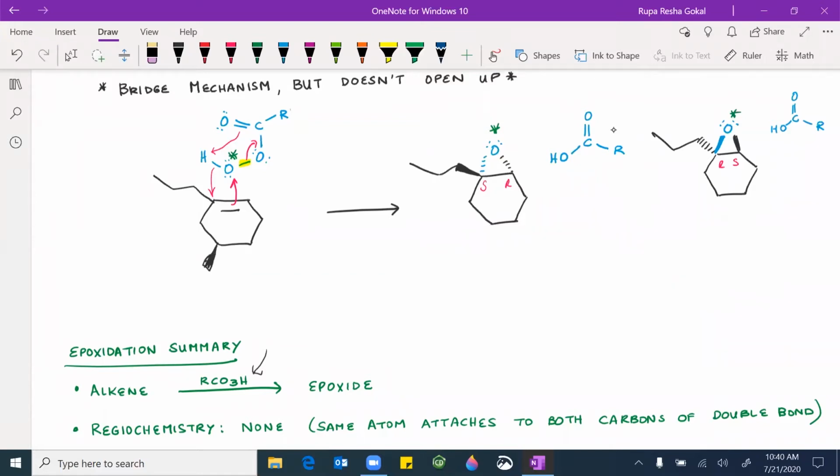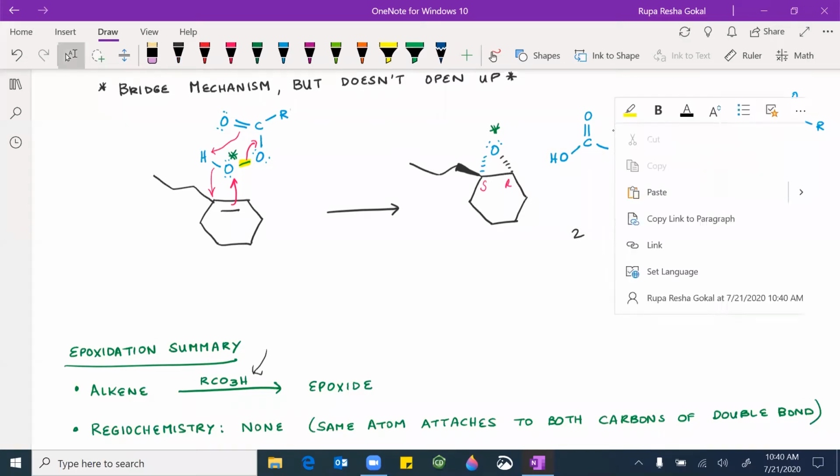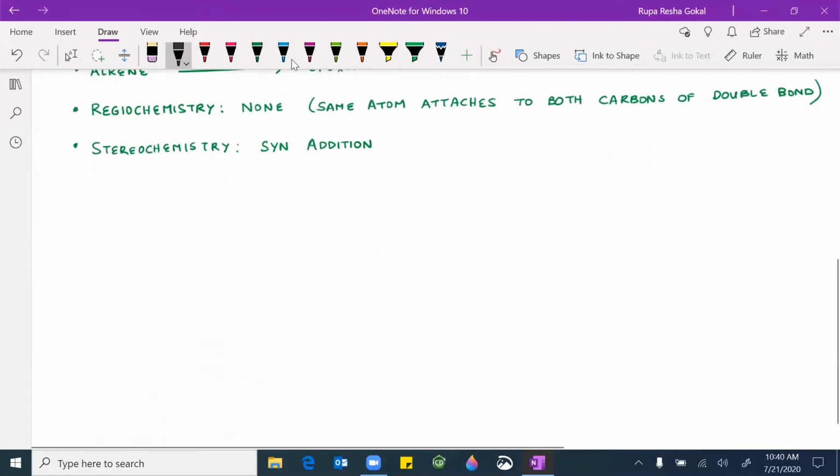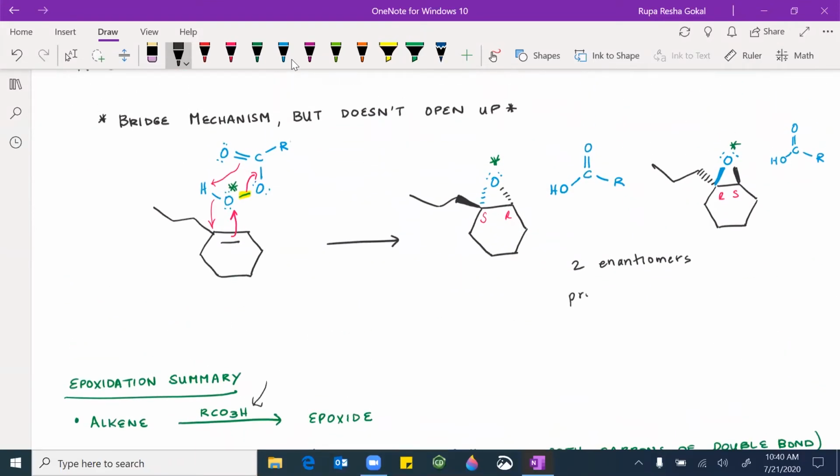Julia. Hello, Julia. So if this is my product, this is my starting material, I end up with two products, right? And they are enantiomers. And so this product mixture is going to be optically inactive.